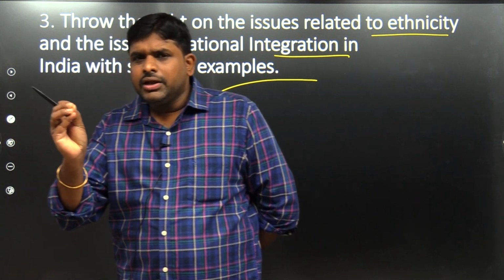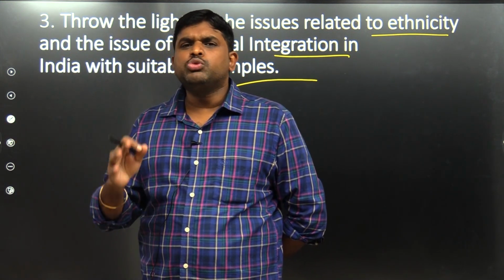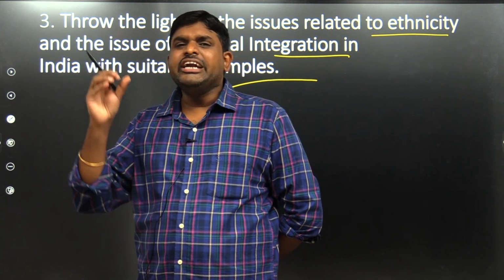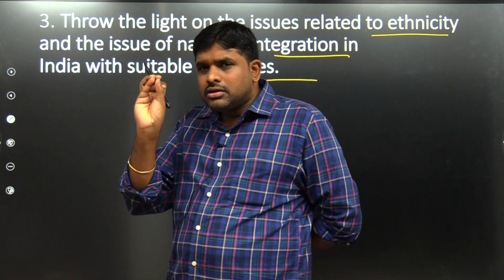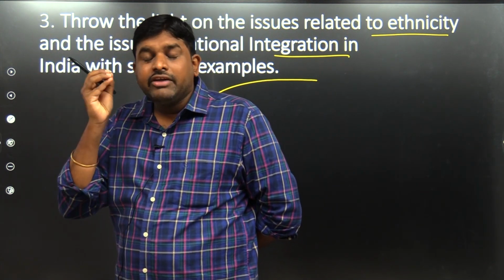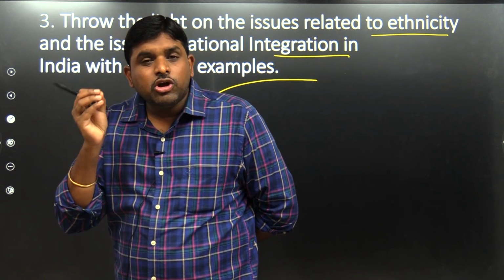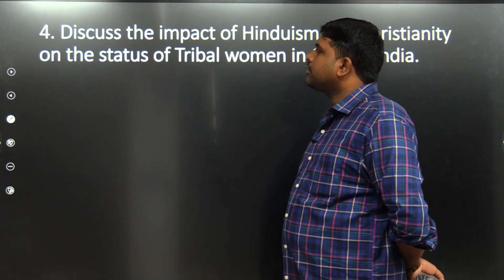There are ethnic problems like Kukis versus Nagas, Mizos versus Kukis, Paites versus Nagas. If we don't remove this ethnic feeling, the psychological existence of the community will be impacted. This is all you have to write about.